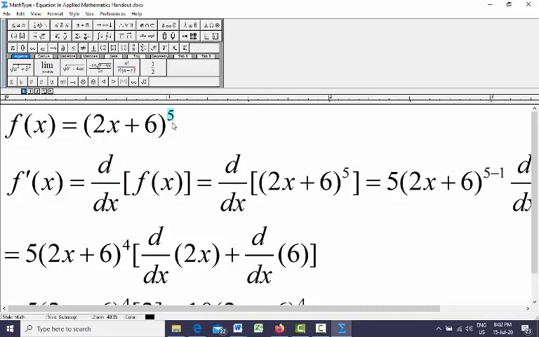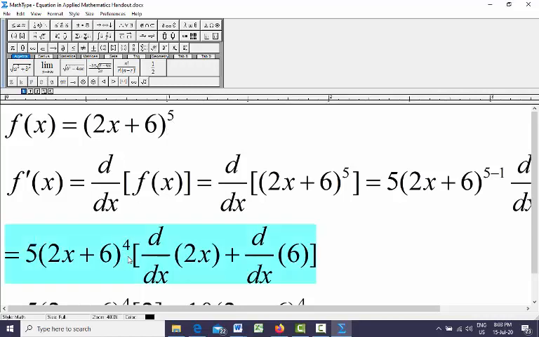When you differentiate the power, you bring the power first, and then the power is reduced by 1. So we have power 5, and if you deduct 1 from 5, we get 4.